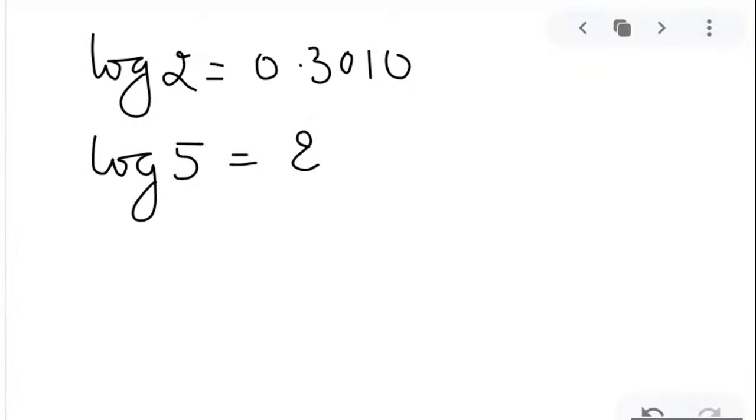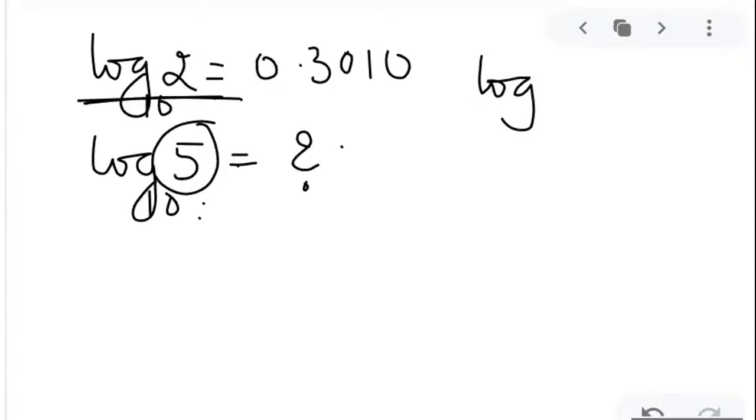So now tell me this. Again, I have log 2 is equal to 0.3010. What is the value of log 5? I know the value of 2. So try to write 5 in terms of 2. What are the other things that you know? This is to the base 10. You know log 10 to the base 10 also?